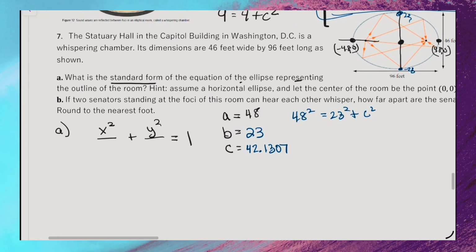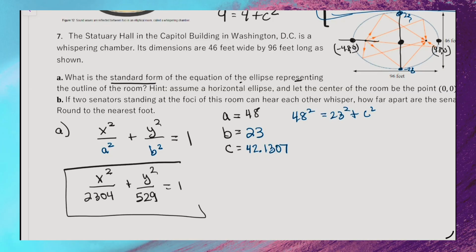Because it's horizontal, a squared needs to be here, b squared needs to be here. So this results in x squared over 48 squared, which is 2304, plus y squared over 529, and this will equal 1, like so. All right, that's it for part A.